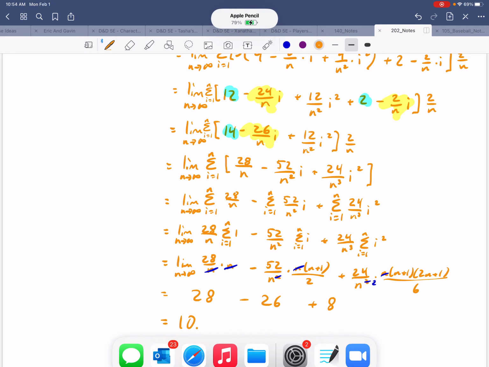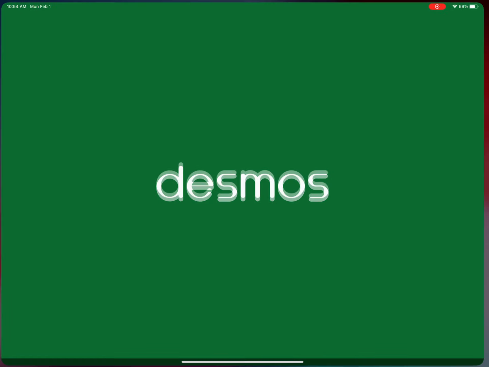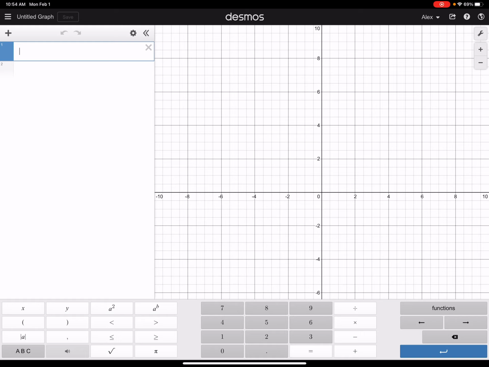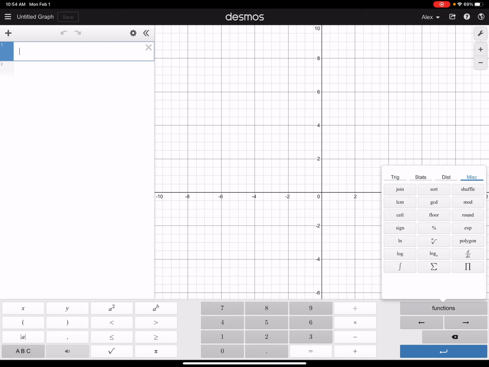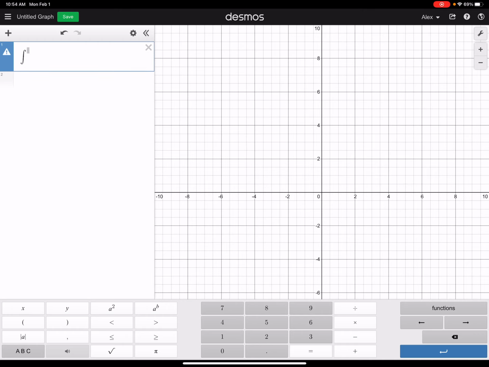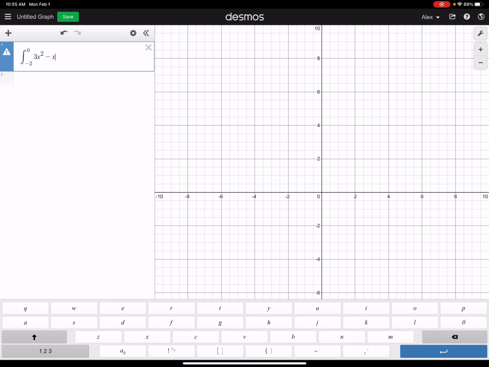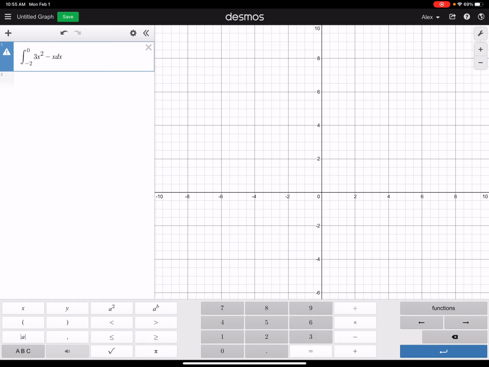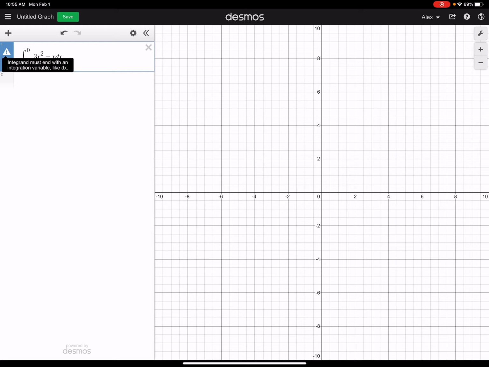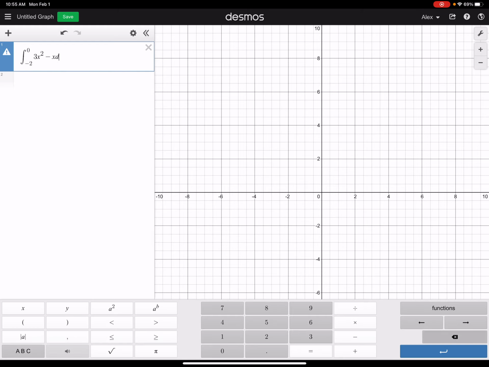If we go ahead and just check our answer using Desmos, hoping we will see that same sort of thing here, getting the integral from -2 to 0 of 3x squared minus x. I think we need to write dx. Oh, it's not liking that. Give it a space, maybe.